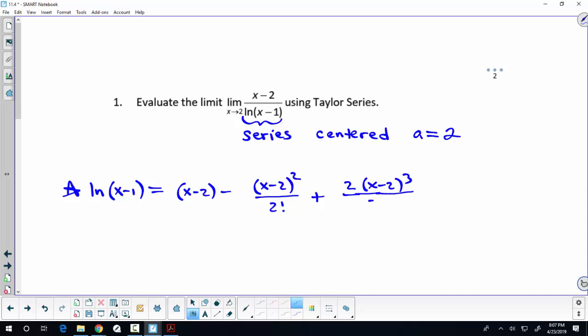Just got a few more terms over 3 factorial minus 6 times x minus 2 fourth over 4 factorial, and it keeps going. So, you know, infinite series representation for the logarithm x minus 1, that's going to go in for the function ln of x minus 1.